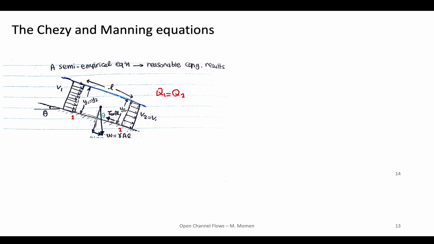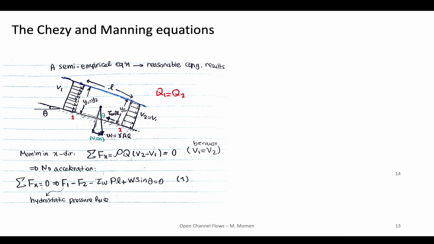Having all these forces, now we can write the momentum equation in the x direction, along the channel. So this is going to be my coordinate system here, and I have y here.